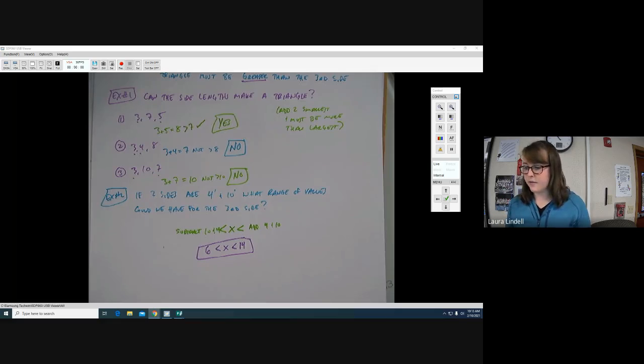And then the last kind of question that we're going to see is it'll give you 2 sides, kind of like we did here, and then it'll give you a possible third side, and it'll say, could this be the third side? Yes or no?